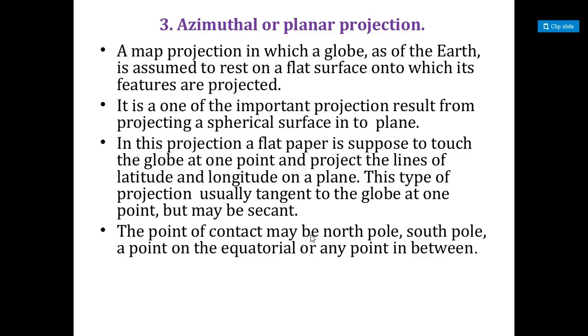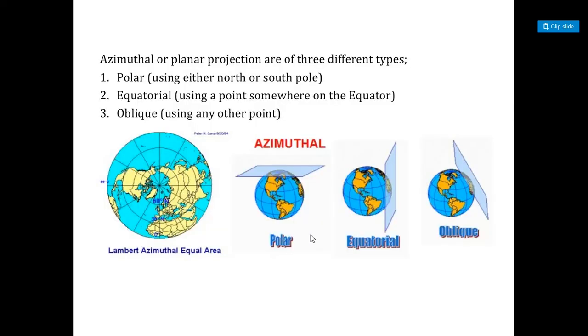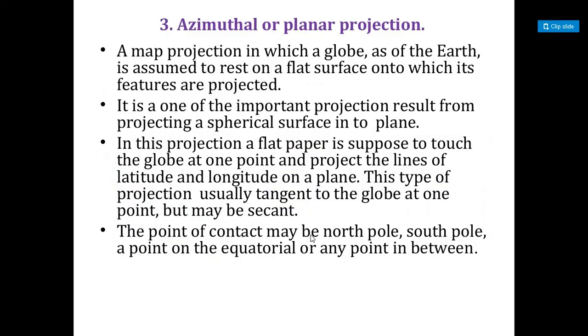We will show this. Azimuthal or planar projections are of three different types. One is polar projection, second is equatorial, third one is oblique. In this projection, a flat paper is supposed to touch the globe at one point and project the lines of latitude and longitude.